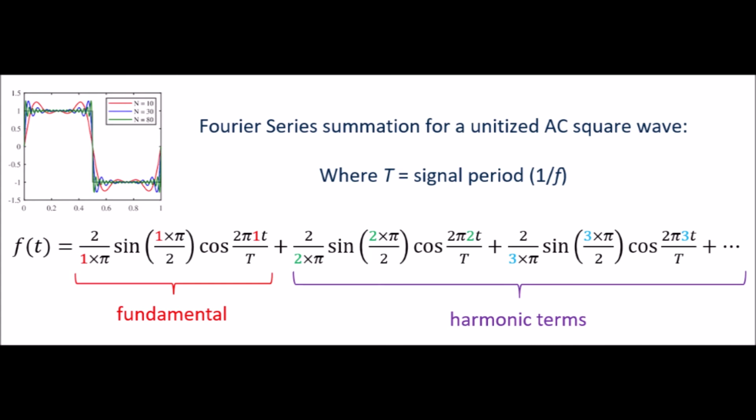And then the second order harmonic is 2 divided by 2 times pi, and then 2 divided by 3 times pi, onward and upward. The point here is that the higher the frequency harmonic term, the lower its amplitude in its contribution to constructing this overall square wave signal. Keep that in mind as we go forward.